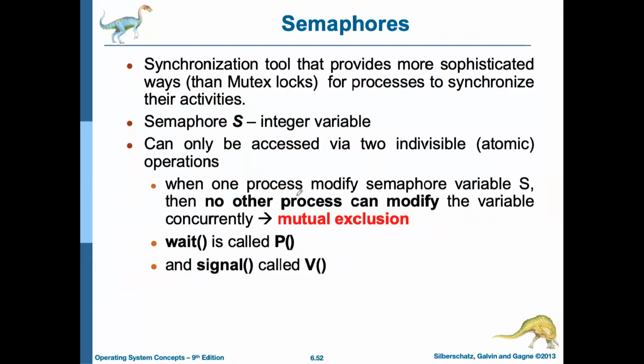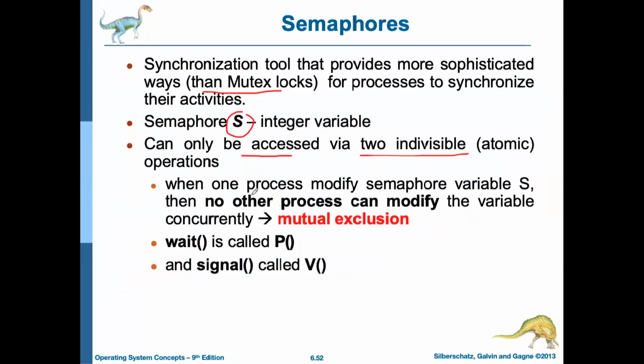Semaphore: a synchronization tool that provides more sophisticated ways than mutex locks for processes to synchronize their activities. A semaphore, we can use the word as a variable S, is an integer variable that can only be accessed via two indivisible atomic operations.